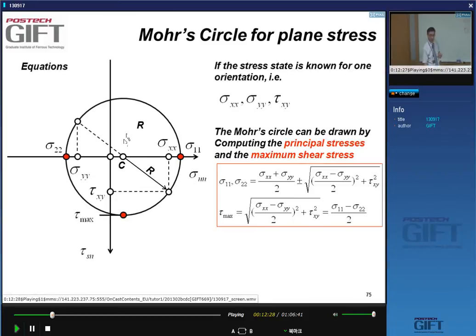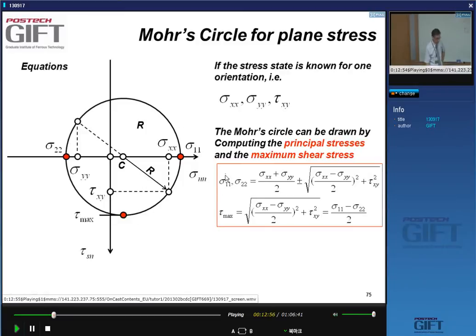Then I can obtain the stress state on the other plane here. That is sigma yy and tau xy, so that is positioned here. And the Mohr circle is a circle that goes through these two points.